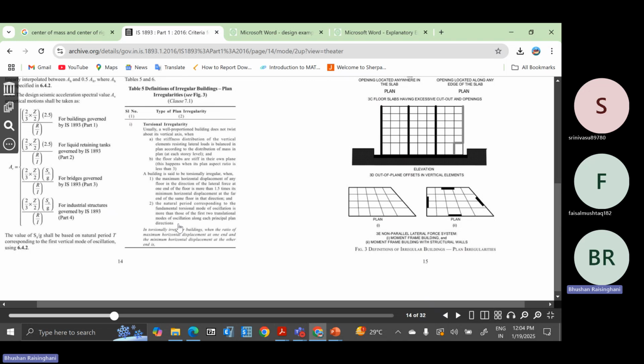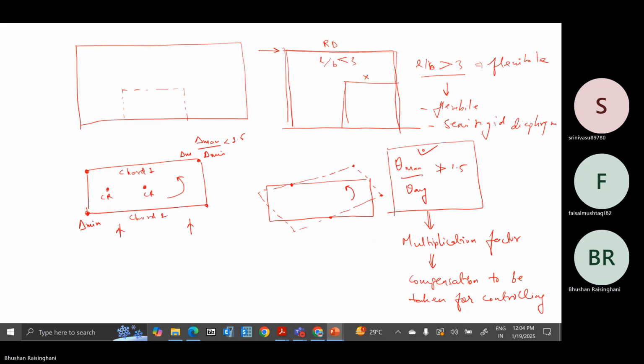Principal directions are always orthogonal to each other, that is 90 degrees. X will move in x, y will move in y, not a combined action. If there is modal coupling, that will be a combined action. In that case, you will mostly find a building which is moving in diagonal direction.